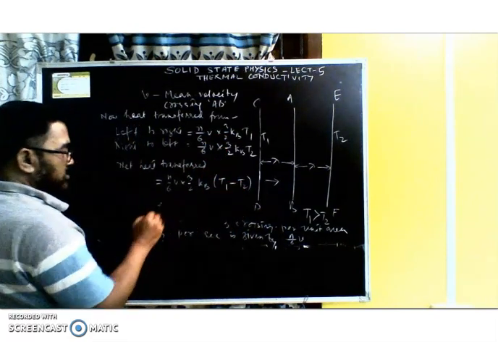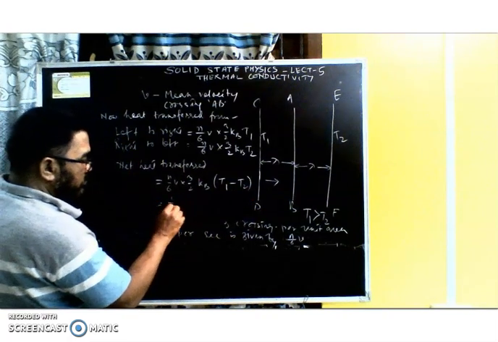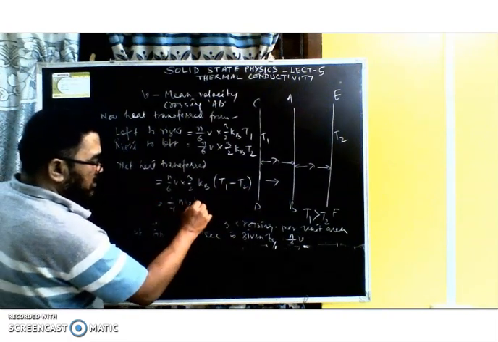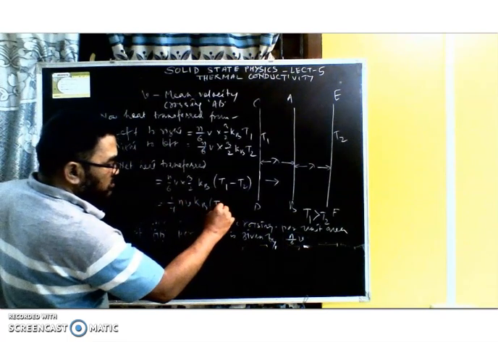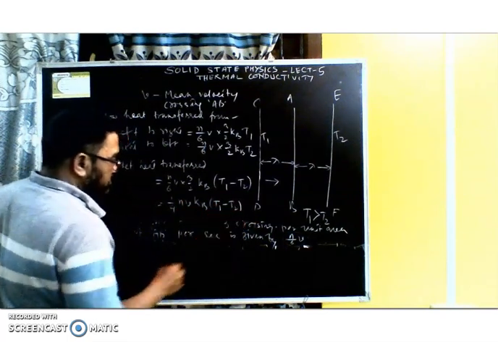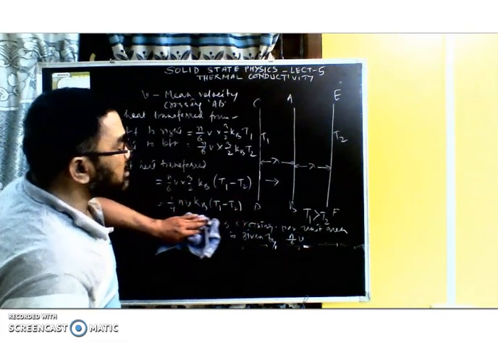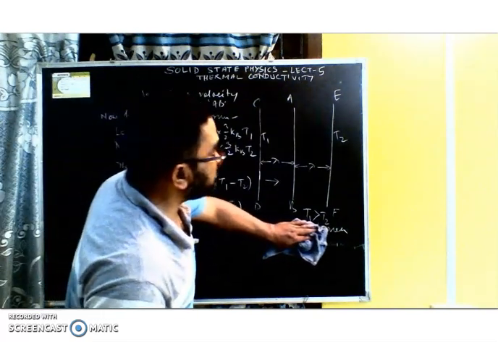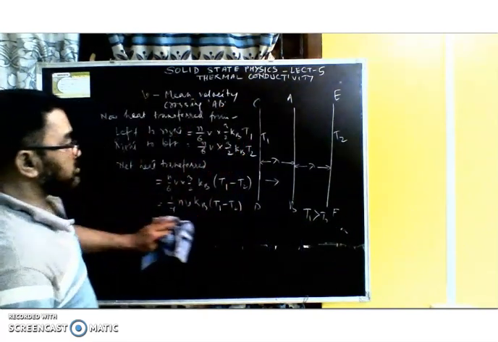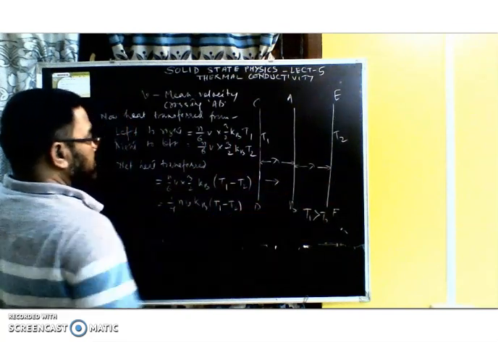So 1/4 n V kB (T1 minus T2), right? So this is the net amount of heat transferred from left side to right side.